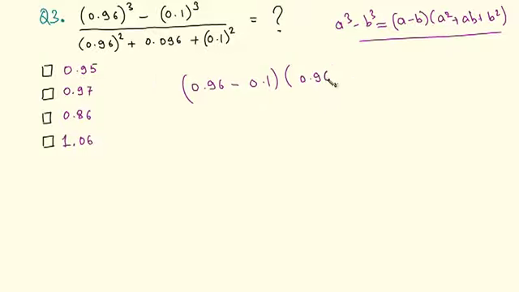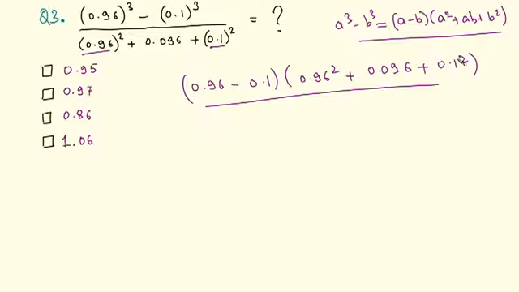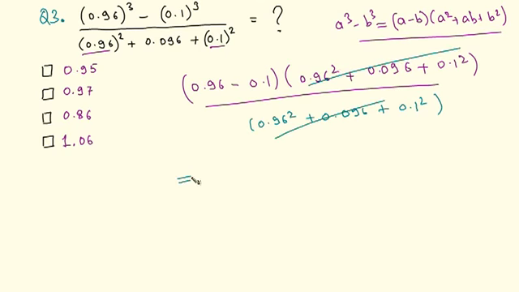So 0.96 square plus 0.96 into 0.1. So it is multiplied by 0.1, so we can shift the decimal point 1 to the left. So it is 0.096 plus 0.1 square divided by, again we have 0.96 square plus 0.096 plus 0.1 square, and these two terms are same, so we can cancel out, and it comes out as 0.96 minus 0.1.